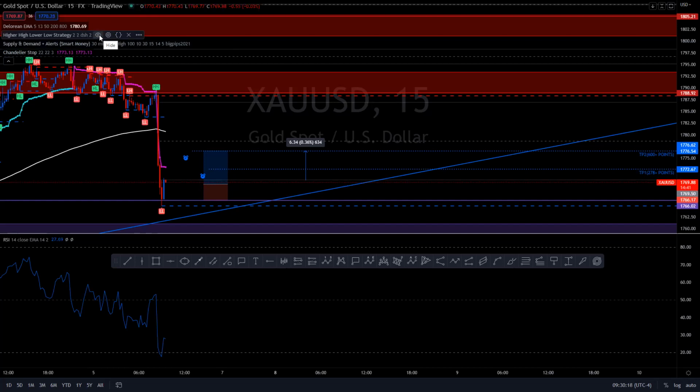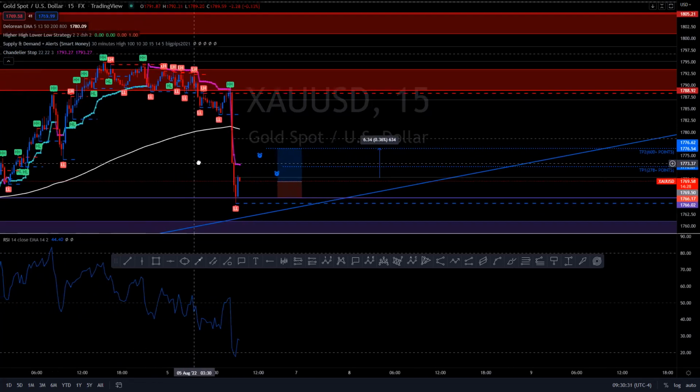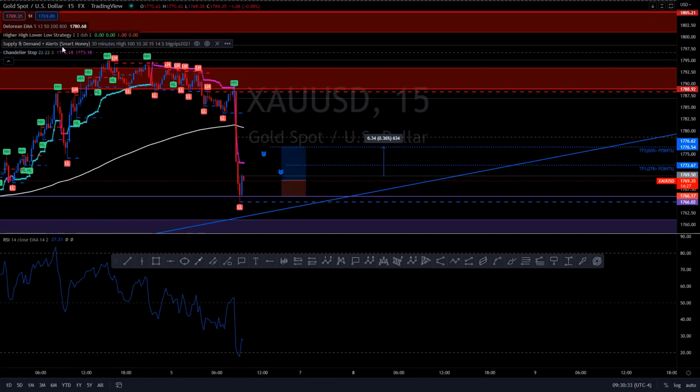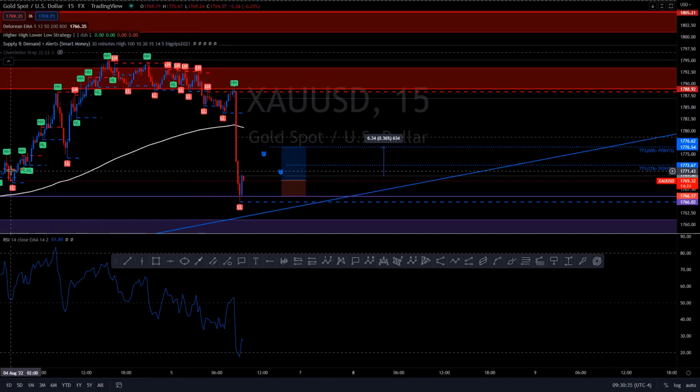Let's see. Yeah, we have a resistance here, support here. So it might be testing this area.